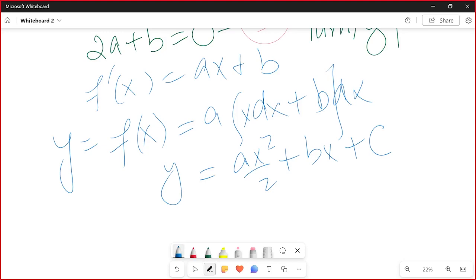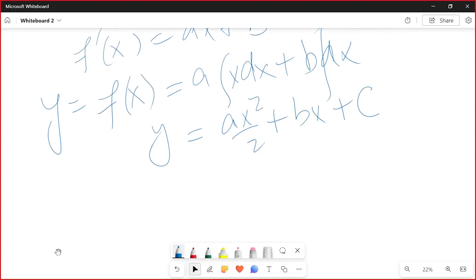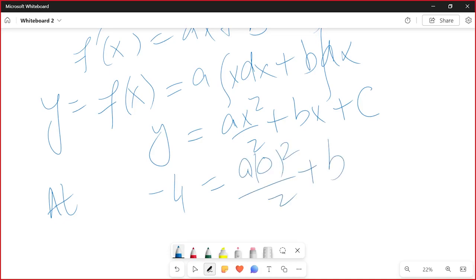Now, again, we want to know the vertical intercept, which is (0, -4). So at the vertical intercept, it means at x equal to 0, the value of y is -4. So -4 is equal to a times 0 square over 2 plus b times 0 plus c.